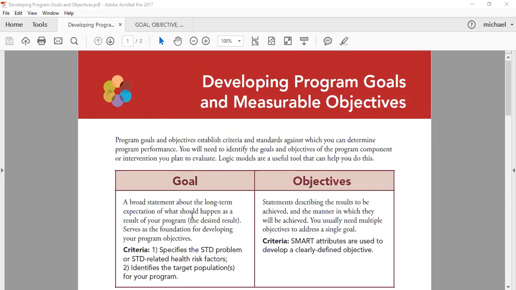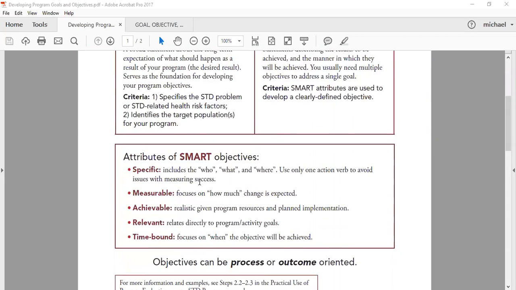I'm going to ask you, Mike, what is the goal? What is an objective? And I want you to use this language. I'm going to ask you, what is a SMART objective? What does it mean? Specific, measurable, and all that. Unless you want me to go through everything piece by piece, you tell me.